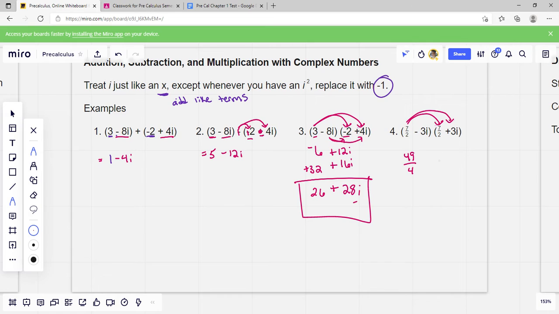So 7 over 2. This is a difference of 2 squares right here. So we don't really even have to do that. Watch what we can do. Remember, when we have a difference of 2 squares, our middle terms cancel, right? Because this is a plus, a minus, and that's a plus, right? So everything is exactly the same, just our signs are different.